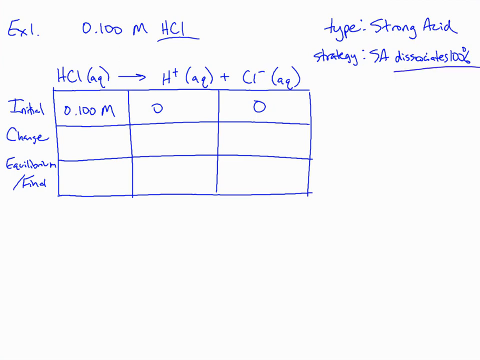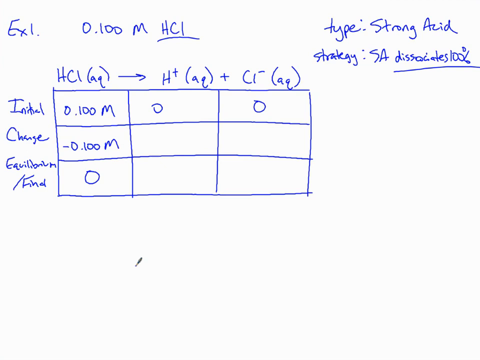So the strategy, the strong acid dissociates 100%, which means the change, we're going to subtract out the initial amount, and that's going to give us a final or equilibrium of 0. There's going to be none of this HCl aqueous left.